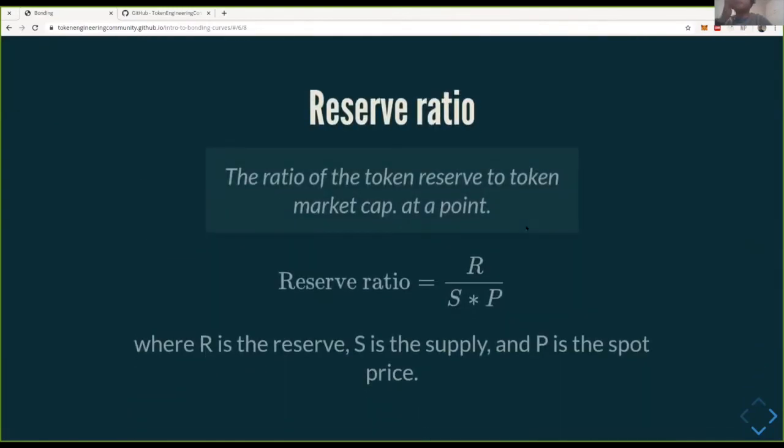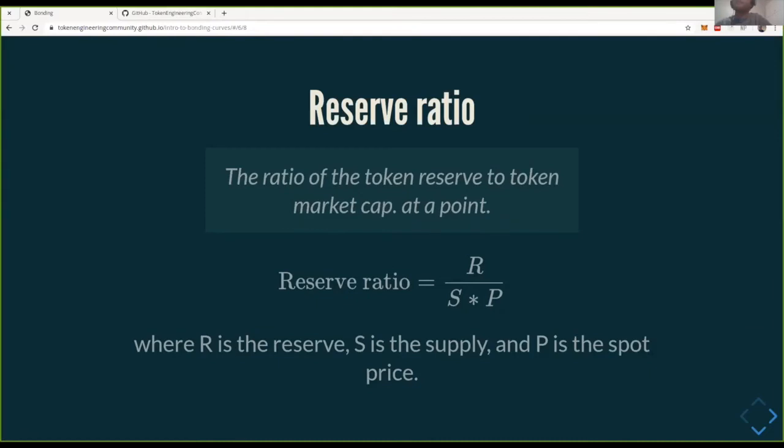So this is not something I'm going to dive too deep into, but there are a number of formulae and properties of bonding curves that are common between a number of different implementations of bonding curves. And one of them is the reserve ratio.